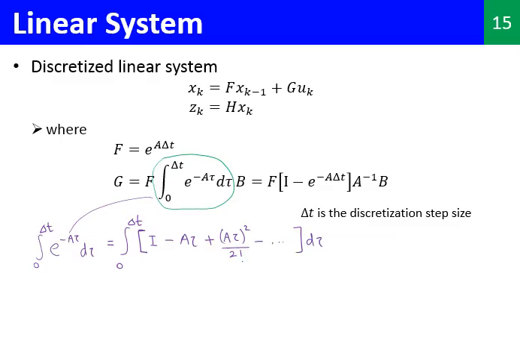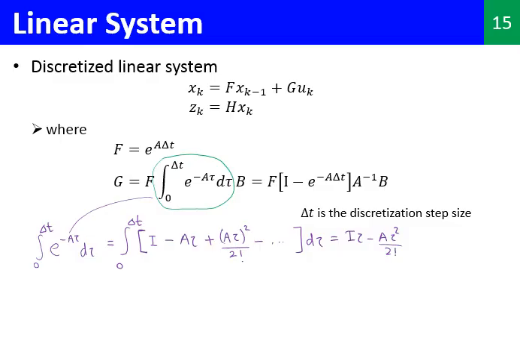So if we perform the integration, this will become I tau minus A tau squared over 2.